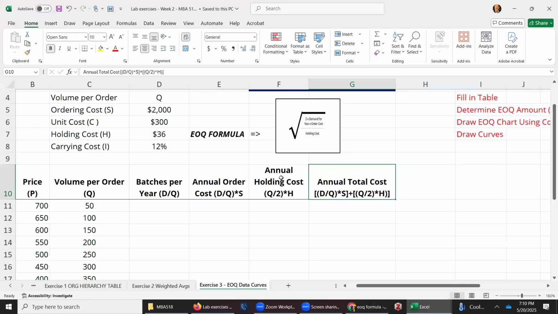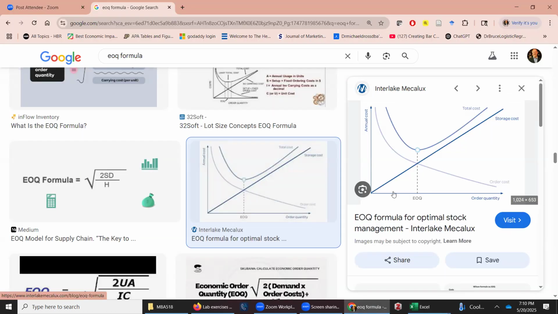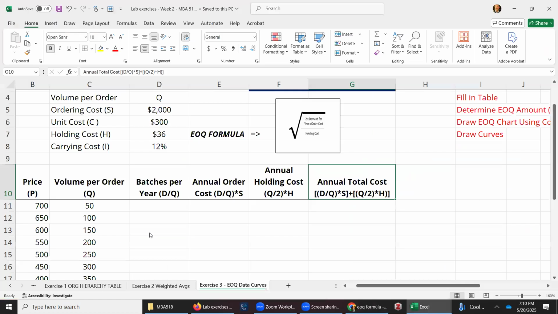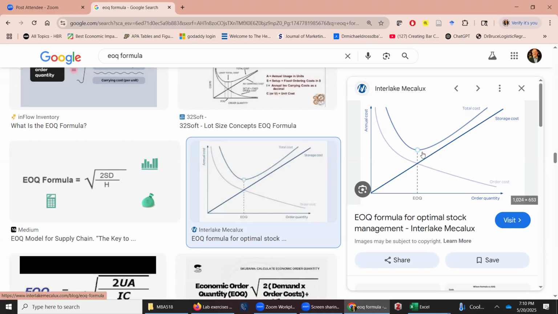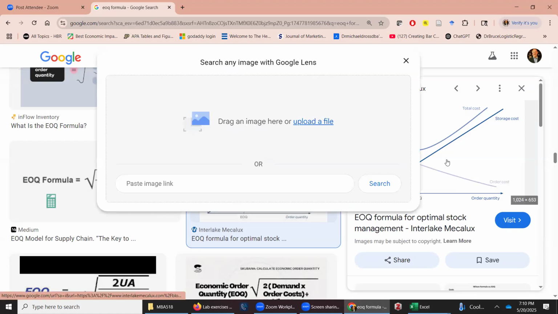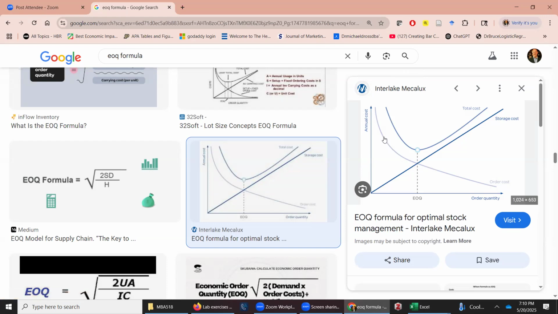Then you're going to be drawing your order cost, excuse me, I'm saying this wrong. Here's your order cost, and that's going to be this curve, which goes down at a decreasing rate and then smooths out and becomes linear over time.